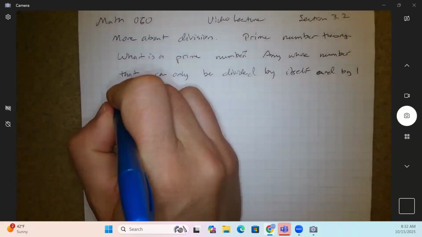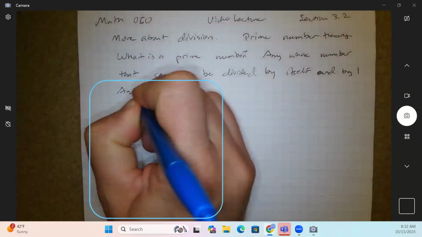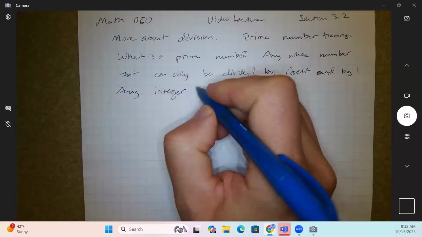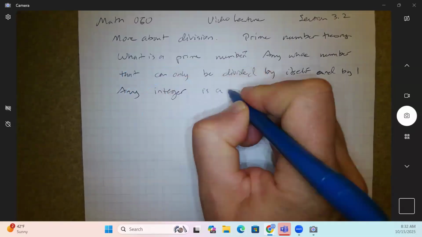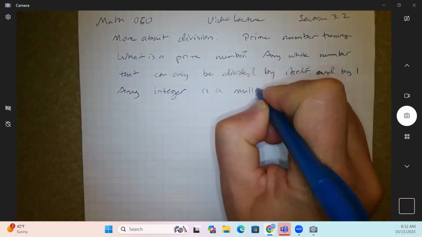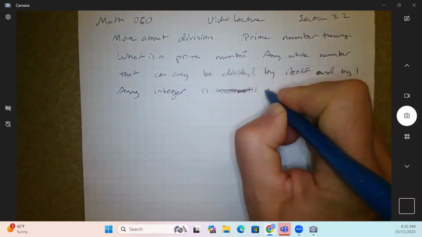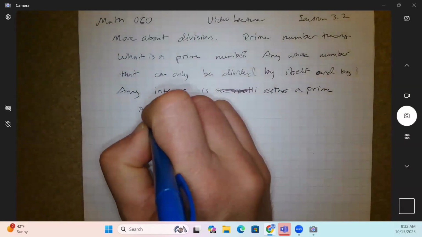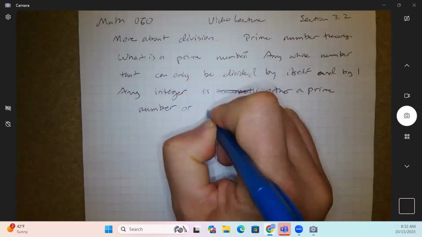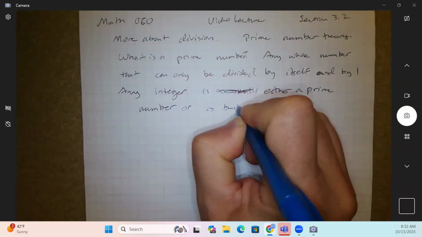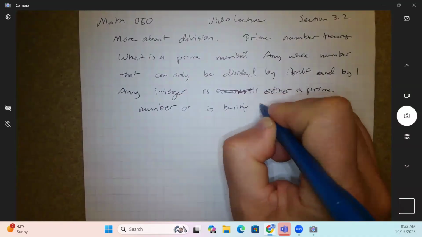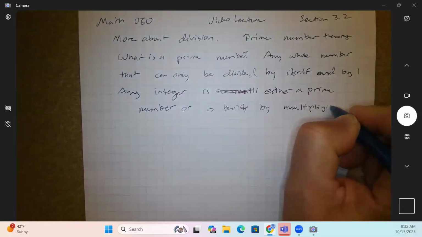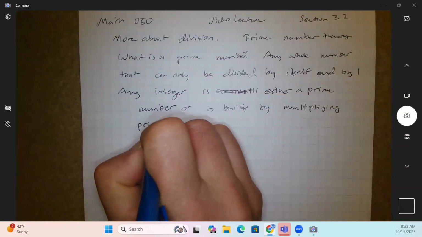Here's something that's super cool. Any integer, and in particular whole numbers are what we're going to look at, but any integer is either a prime number or is built by multiplying prime numbers.